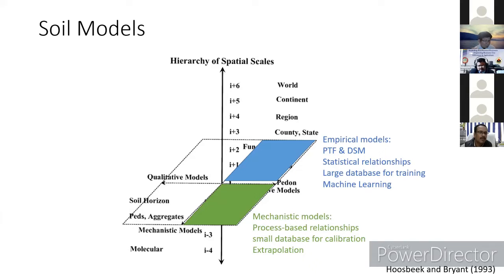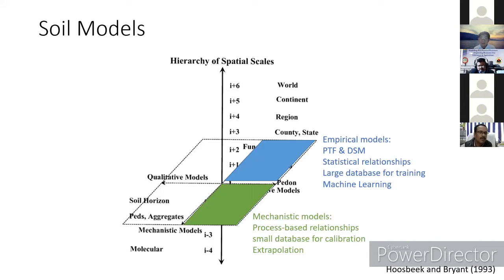We have observations and then we make statistical relationships relating what we want to predict, either spatially or in the field, based on something that we can measure very cheaply. For example, remote sensing images don't take a lot of effort. You just download them and they are available throughout your area, your field.